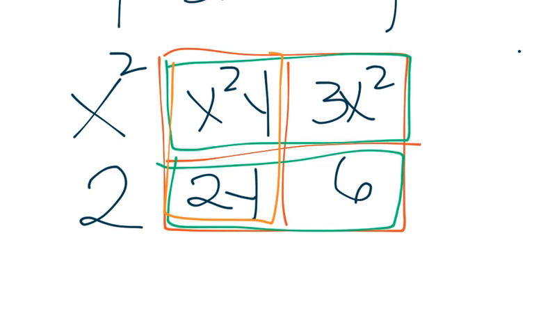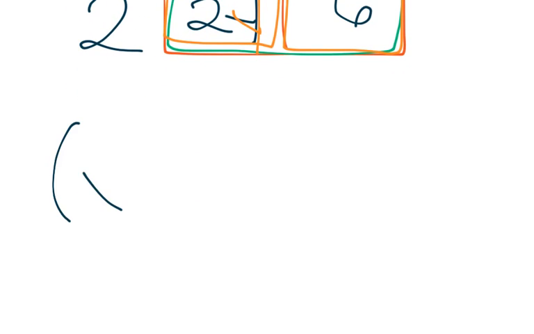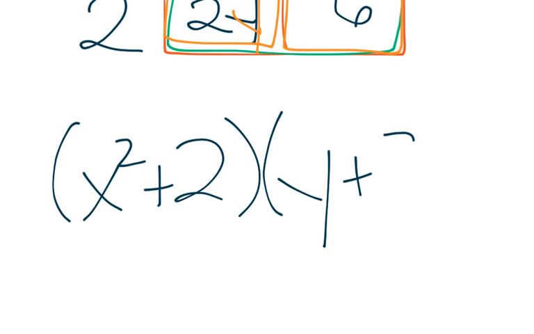In our first column, they both have a y in common. So on top, we're going to write y. And in our column going down, 3 and 6 are both multiples of 3, so we're going to write 3. So we have x squared plus 2 times y plus 3. And this is going to be our final answer.